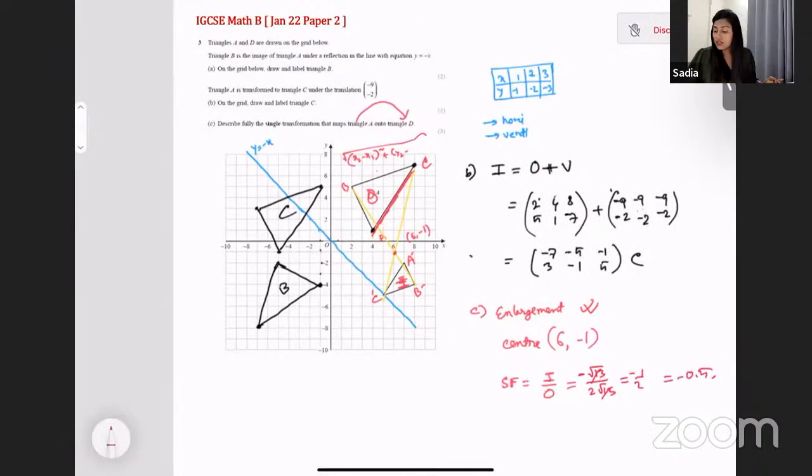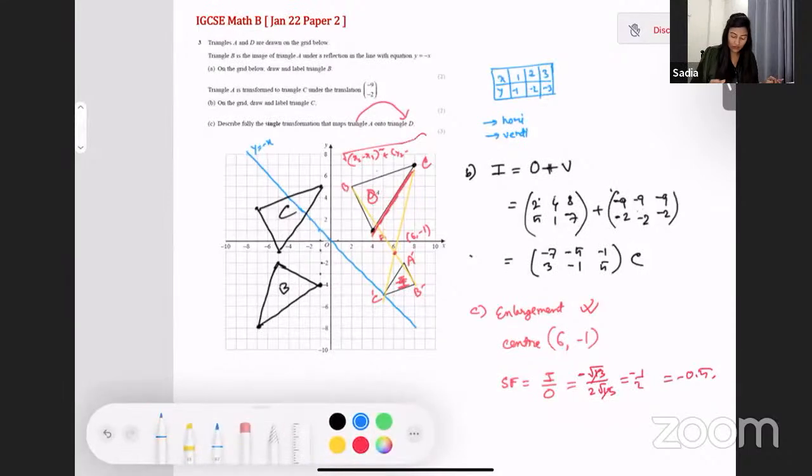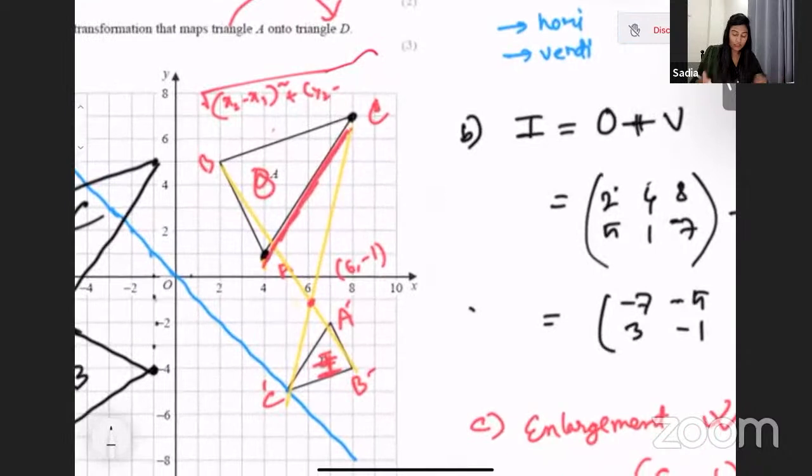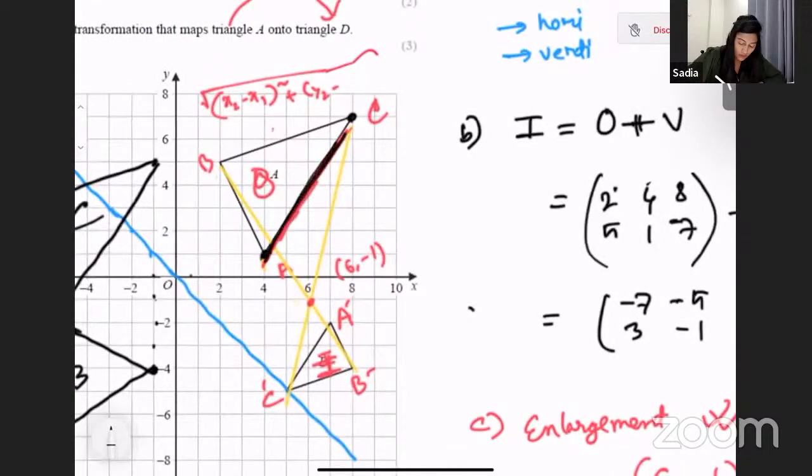But this is actually lengthy. You can always use a shortcut method. For example, this is the side I'm working with, AC. So instead of calculating the actual distance of AC, I will just use the base here. As in, if I imagine a right angle triangle here, I will just use the horizontal boxes under this line AC. So 1, 2, 3, 4. And for this one, it's 1 and 2, right?